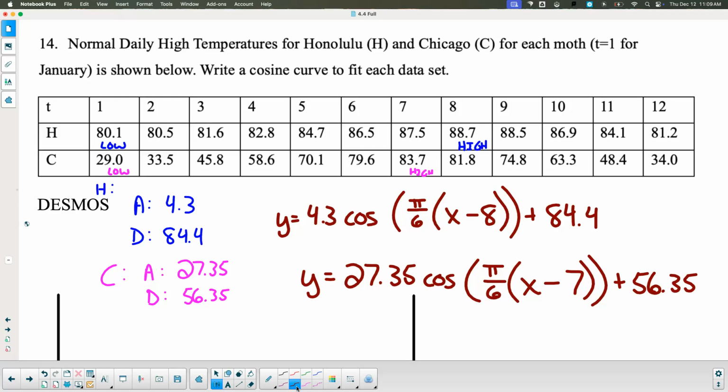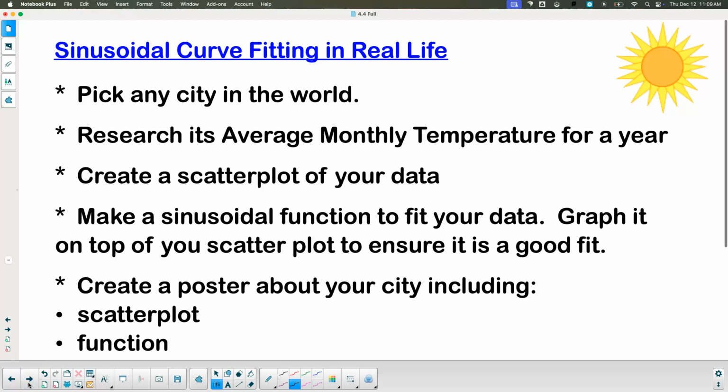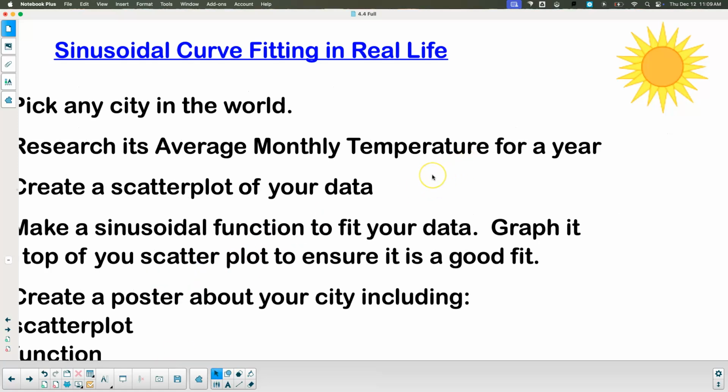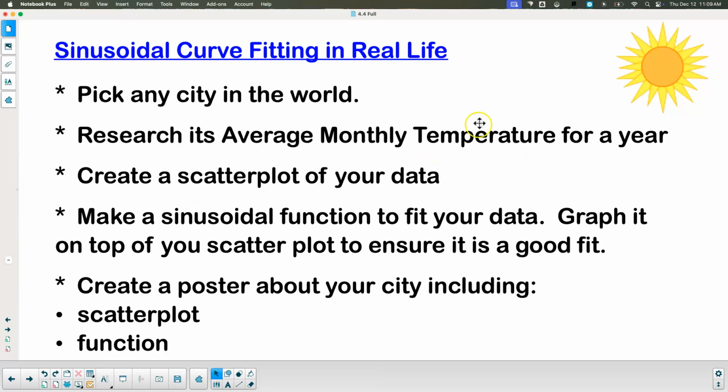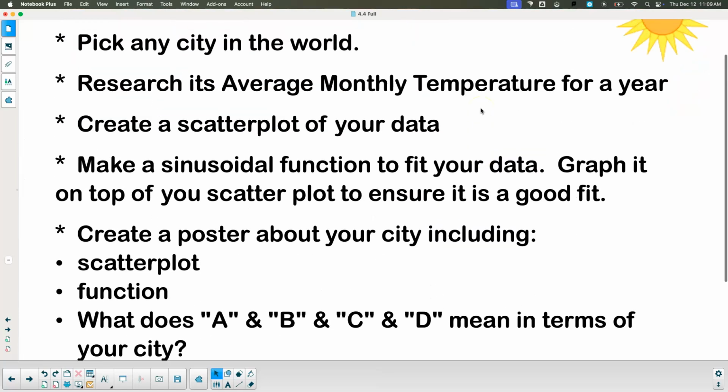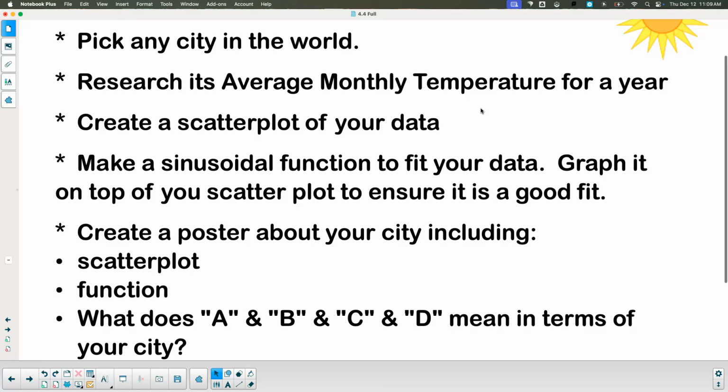Good? All right. Today, you are going to need some kind of a device, because what you're going to do is research some city in the world.